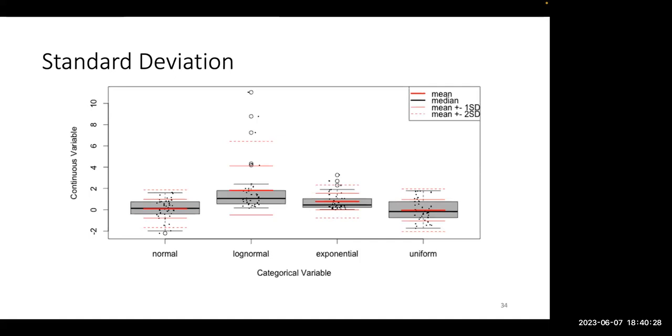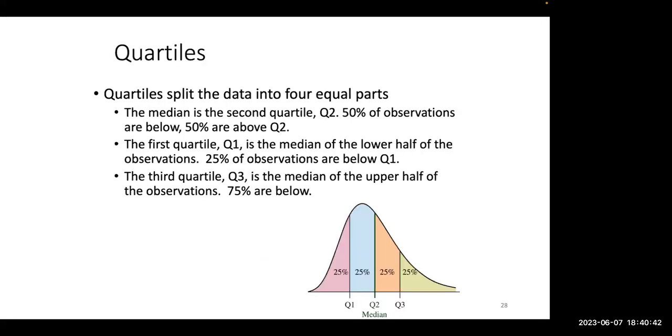The 25th to 75th, that is minus 2 to plus 2? No, this is 25%. This is this guy, right? This one. So that's the 25th percent of your population, and the 25th percent greater than the median.